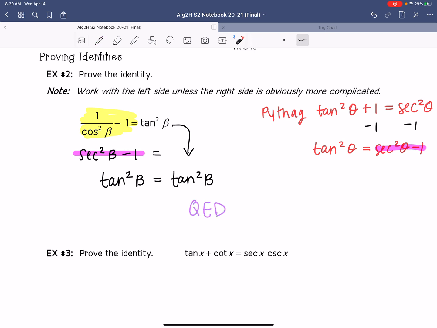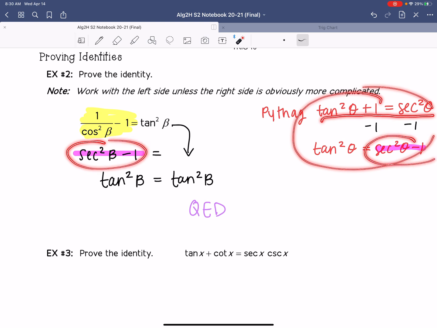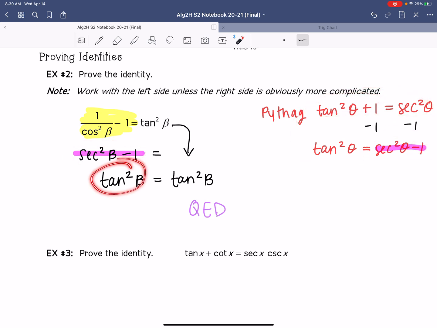Okay, so again, what I used: this reciprocal function to get my secant squared. Then I used my Pythagorean identity, tangent squared theta plus 1 equals secant squared theta. I made it look just like this, and then I got that it's equal to tangent squared beta. So this side is equal to this side. I proved it.